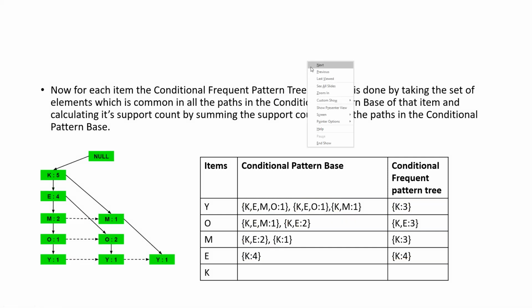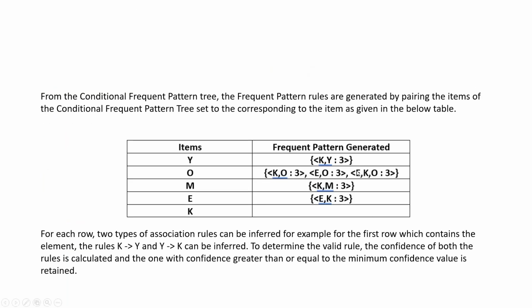Now you just have to create the rules, and the rules will be created like this. If you remember the previous slide, what we had done for Y, the frequent pattern selected was only K with count 3.